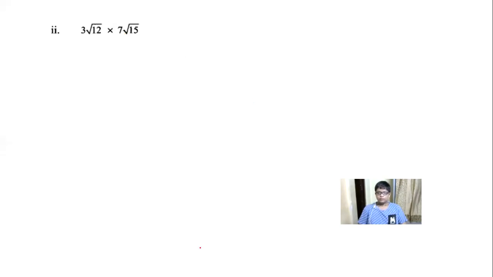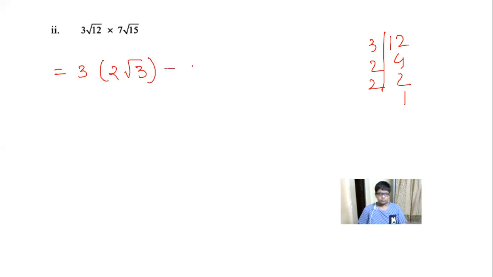So for 12, you will get 2 root 3, right? Then multiply by 7, and for 15, you got 3 and 5.